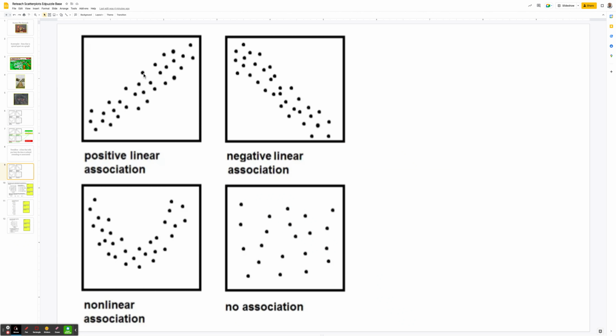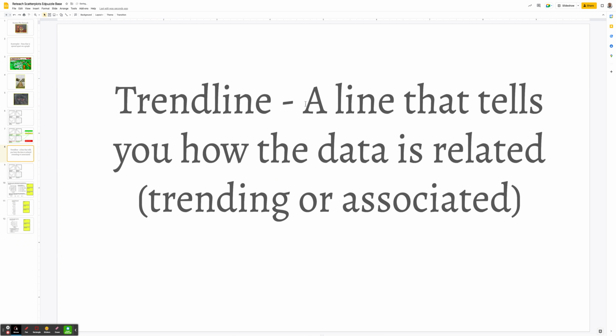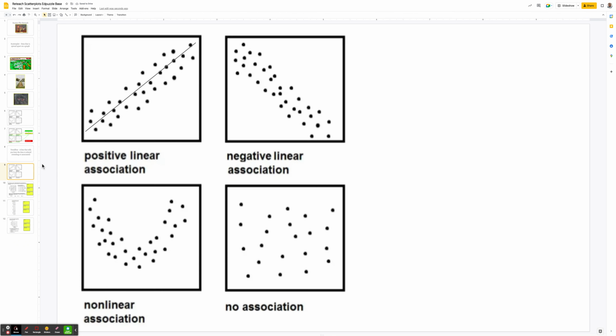So right here on slide 9, I want to show you, whether you're using Google or a sheet of paper or even on the STAR test, there's a feature where you can draw a straight line. And so you're going to draw your trend line, which is a straight line. Remember, a trend line is a line that tells you how the data is related. So we're going to draw our trend line through the middle of your data.